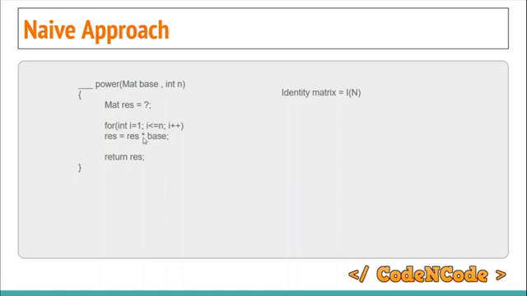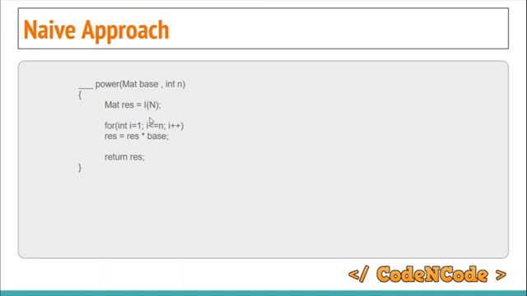So for the matrix multiplication operator, the identity element is the identity matrix, because if you have a matrix A and you multiply it with the identity matrix of the same order, then the result is also A. That is why we call it identity matrix. So now we would initialize result with the identity matrix.